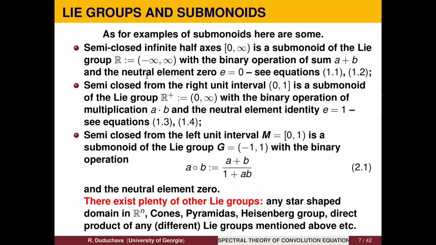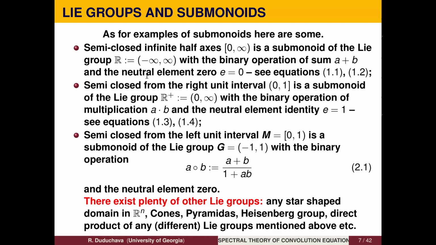And the third example, which is most interesting for us, because these first two Lie groups and submonoids are thoroughly investigated. But the third example is something new: a semi-closed interval, but now not closed at 1, but closed at 0, the interval 0, 1. It's a subset of minus 1, 1.